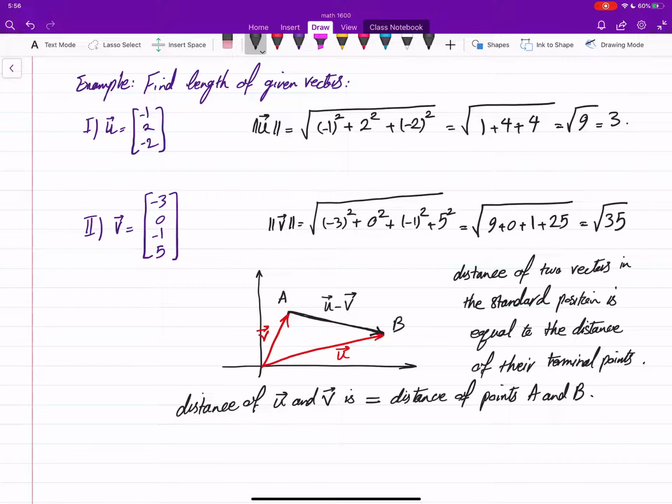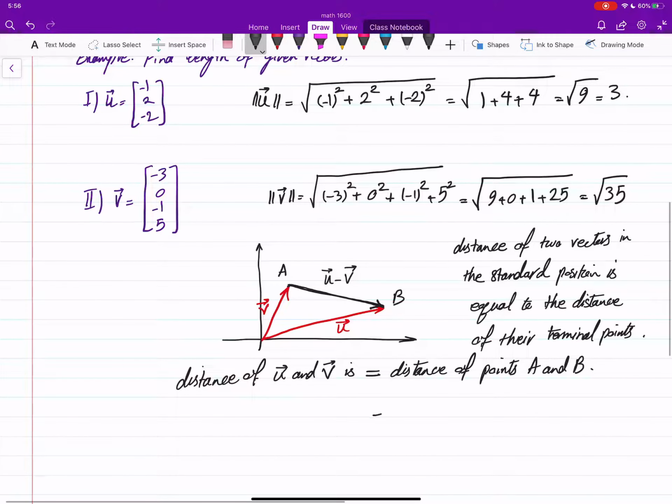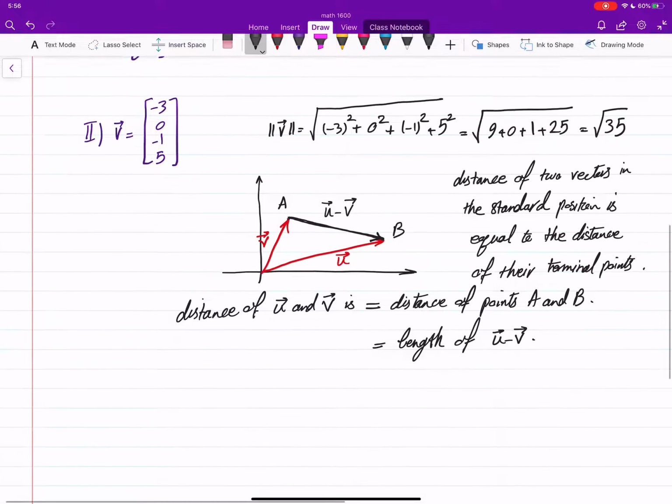So the distance of points A and B is then the same thing as the length of u minus v, and that's how we define it.